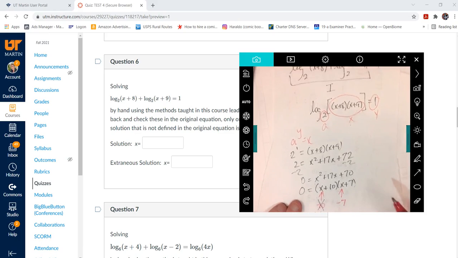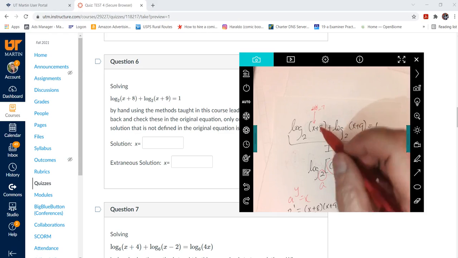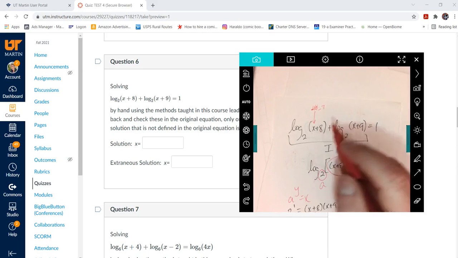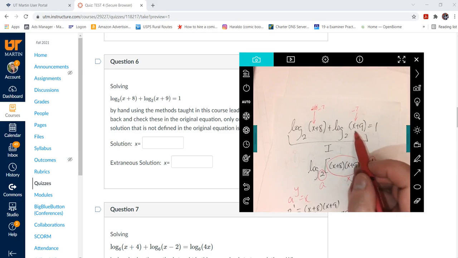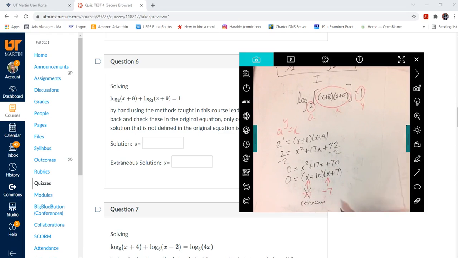Now what about negative 7? Well, if I take negative 7 and plug it in here, then I get positive 1. So far it's okay. If I take negative 7 and plug it into here, I get positive 2. So negative 7 is just fine. So negative 7 is our solution, and negative 10 is extraneous.